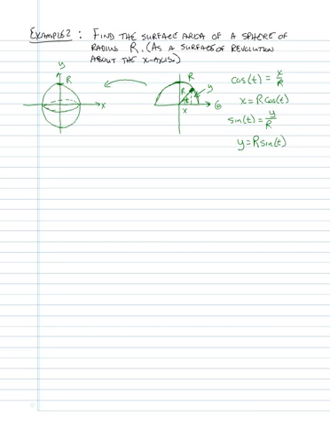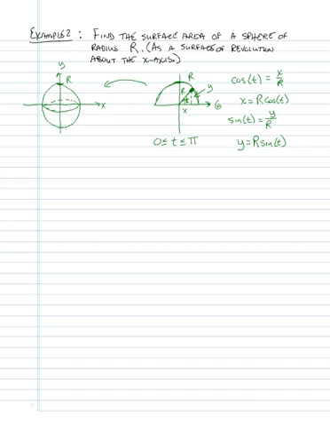Now, what t values do we need? To create every position on that semicircle, we need to start t at 0, but they only need to go to pi, don't we?